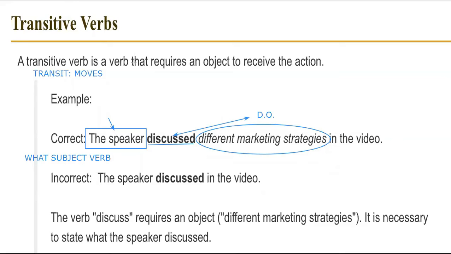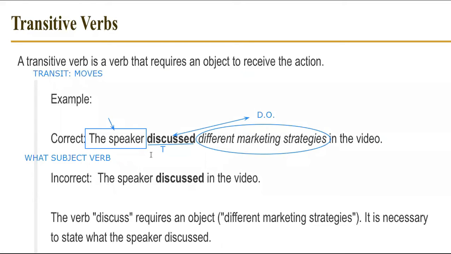So transit means that it moves. So if we have a direct object in a sentence, Vilma, how is our verb? Transitive or intransitive? Transitive, exactly. So you're gonna put a T to identify that it is a transitive verb.